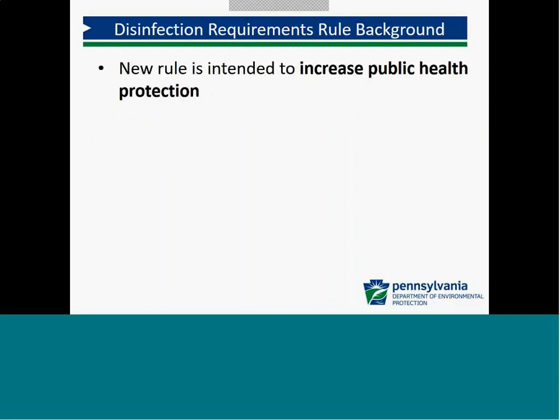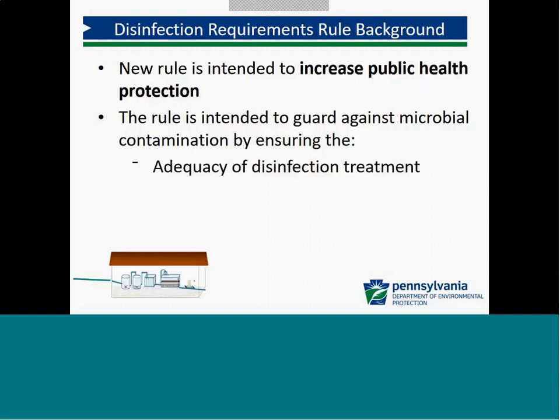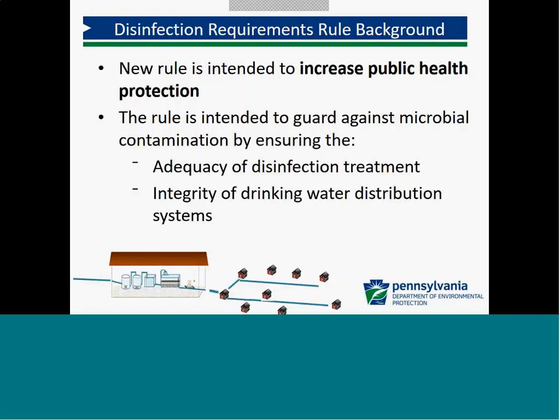All right, so some background on the requirements rule. The new rule is intended to increase public health protection, and it's intended to guard against microbial contamination by ensuring the adequacy of disinfection treatment and the integrity of drinking water system distribution systems. So how do we do that here?